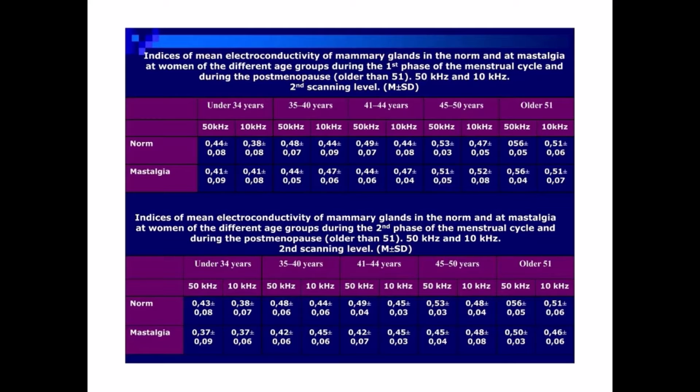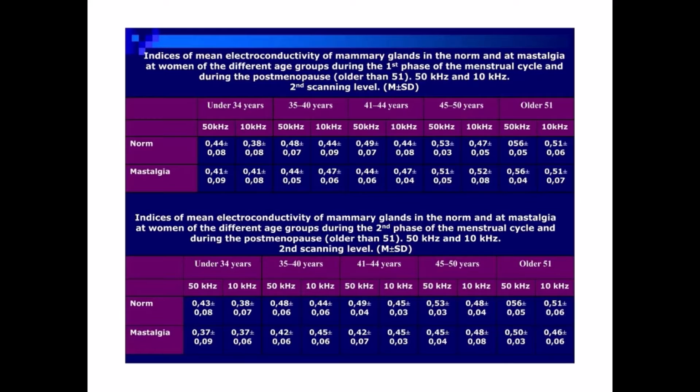Indices of mean electroconductivity of mammary glands in the norm and at mastalgia in women of different age groups during the first phase of the menstrual cycle and during the post-menopause, older than 50, at 50 kHz and 10 kHz. Second scanning level. Plus or minus SD.